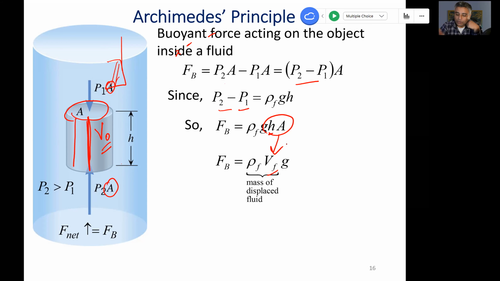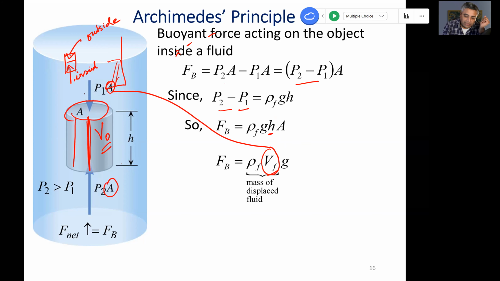So anyway, when it is totally immersed, it's equal. But if it is partially immersed, so this part is inside and that part is outside, that means in that case, the volume of fluid displaced is going to be only this part, not the whole volume of the object, okay?